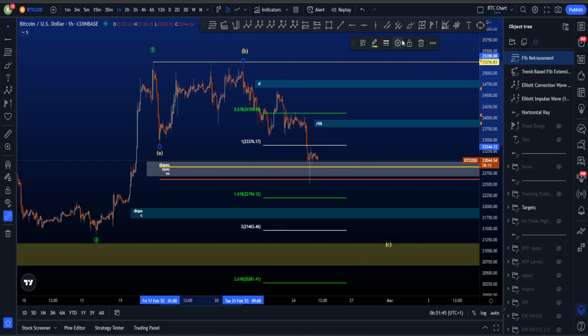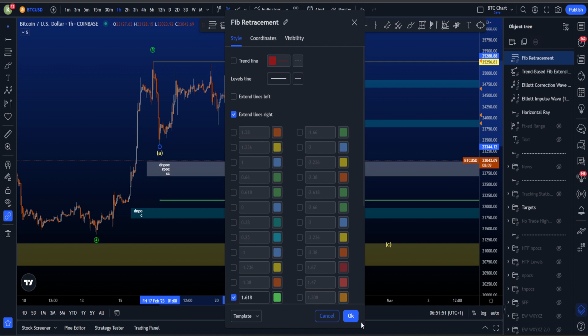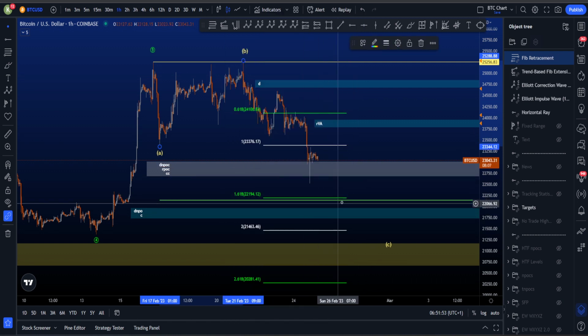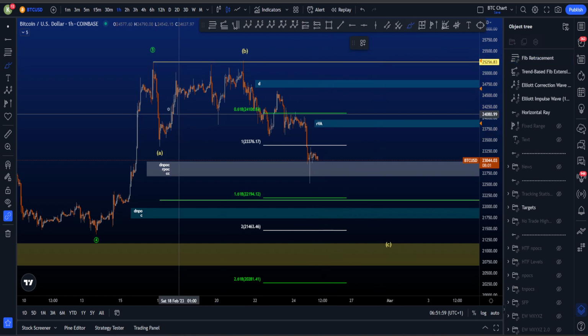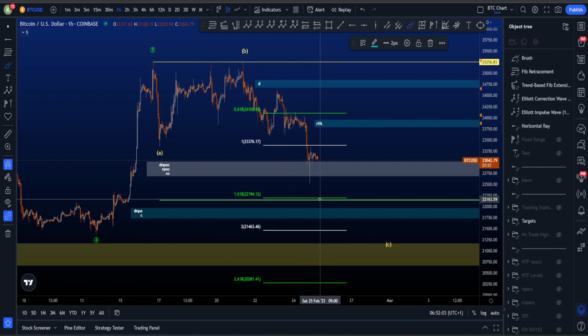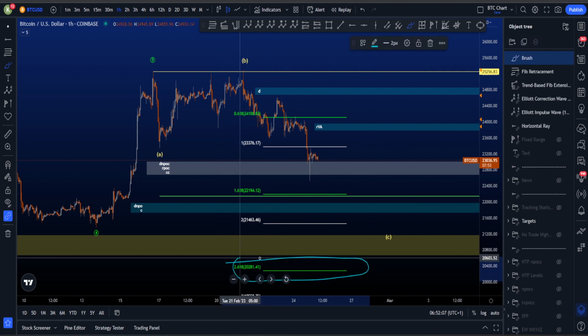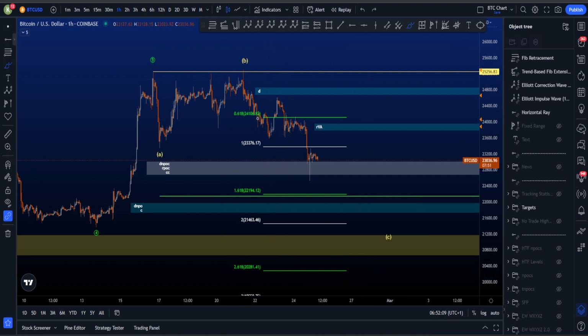So if I do this and then I put the 1.618 on, then you can see they're almost at the same price. So this is the most common target for a wave C, in case this is an A, B, and then some sort of a C. This is a very important target. And the extended target for a wave C is the 2.618 at 20.2K right there.